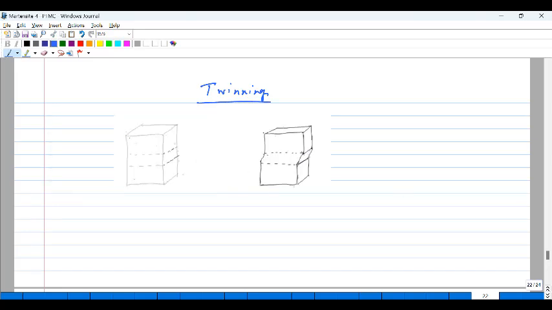So if this is a crystal, and if we apply a shear, then it can also deform in this manner rather than slipping, where you could see that it has deformed across these two planes shown by those two dotted lines.